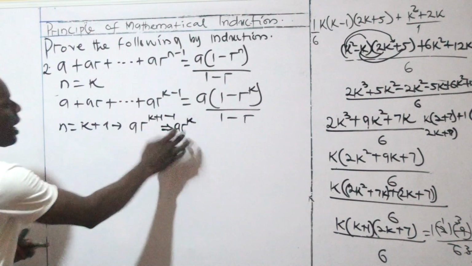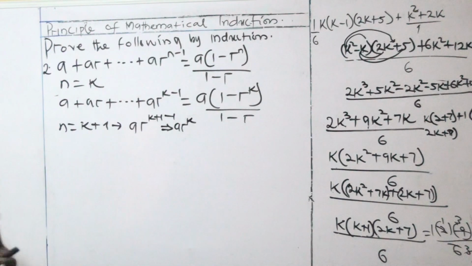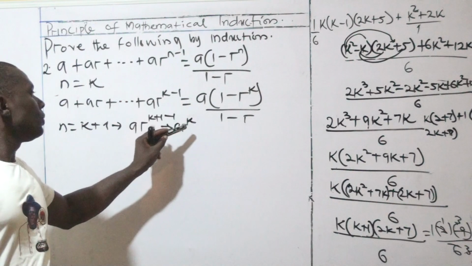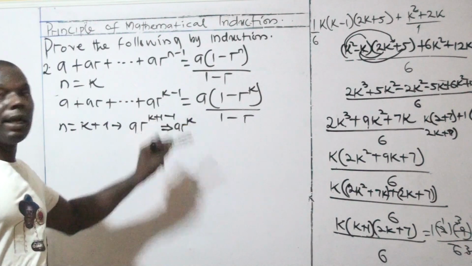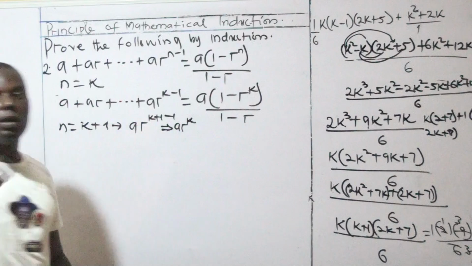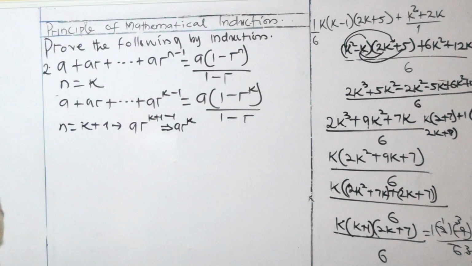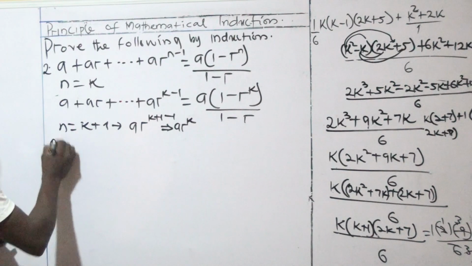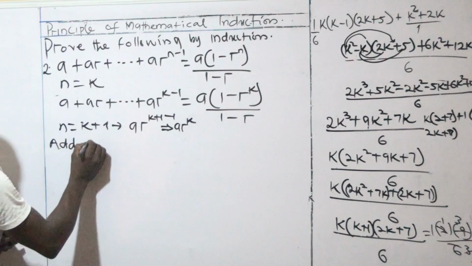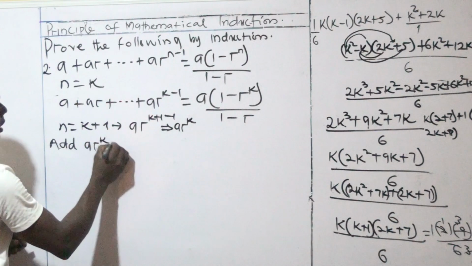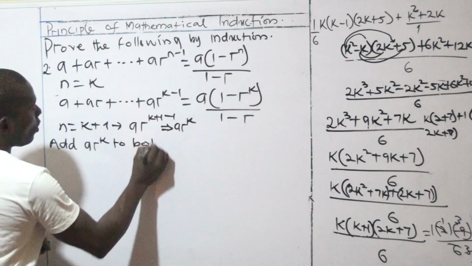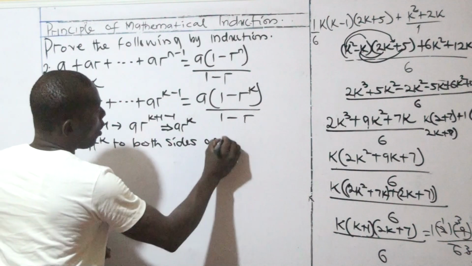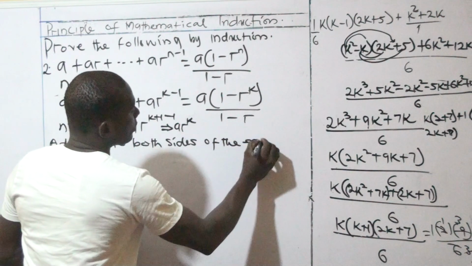So it is this a r^k that we need to add to both sides of the equation. So we have to take note of that. So we do the next thing, we say add a r^k to both sides of the equation.